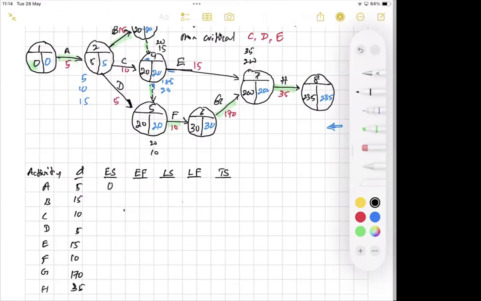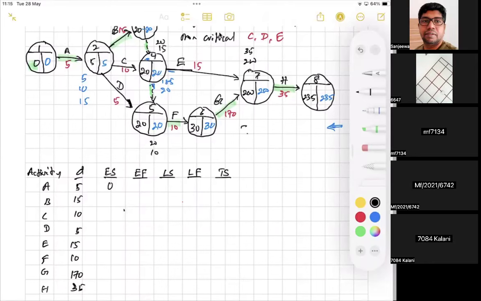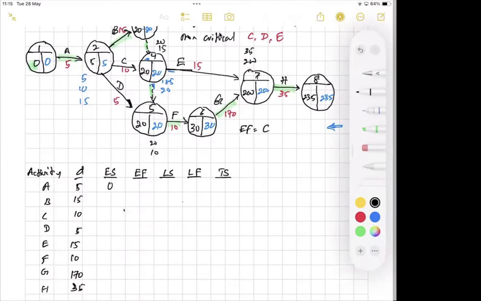It represents early start time of that activity, right? If you know the early start time, you can simply find out the early finish time. Early finish time equals early start time plus duration. The duration is available in the second column, right? We found the early start time, then add duration to the early start time, you can find out early finish time.